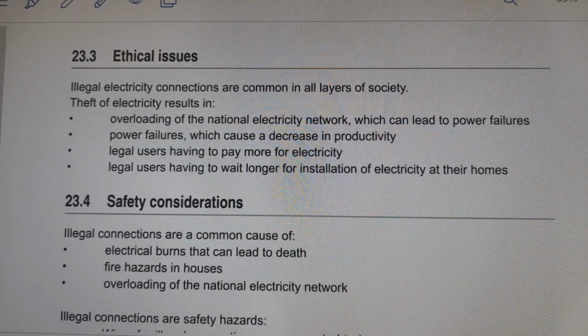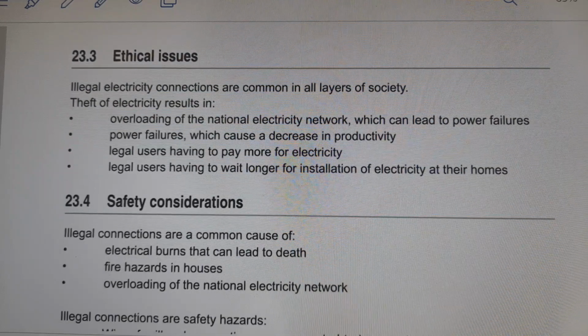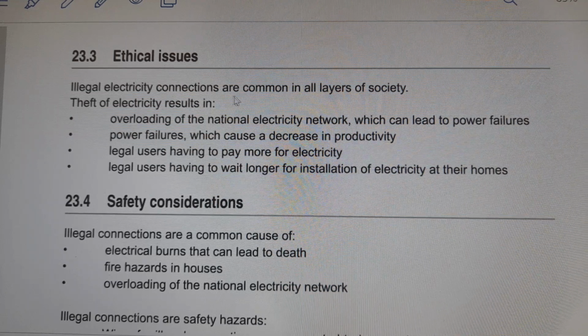And then what are the ethical issues that we should have towards electricity? Illegal electricity connections are common in all layers of society. The theft of electricity results in overloading of the national electricity network, which can lead to power failures, load shedding, and so on.